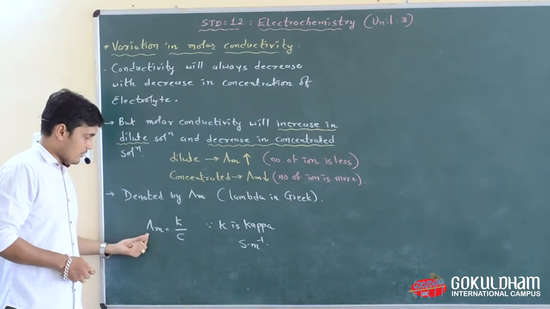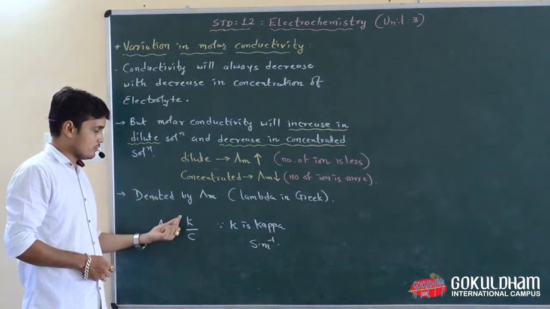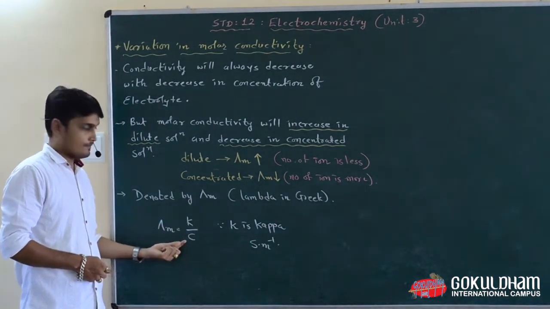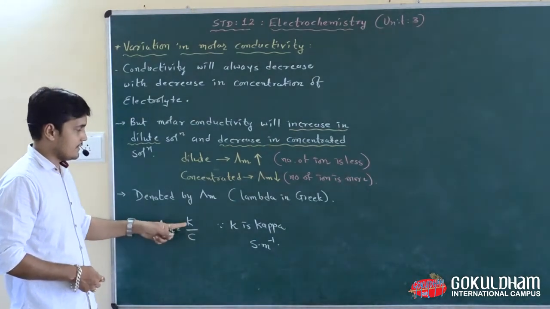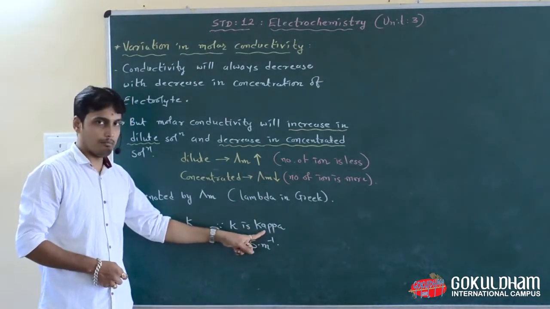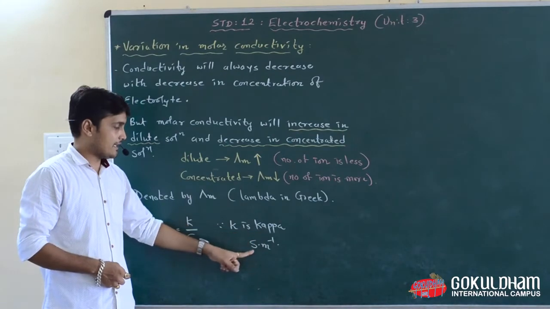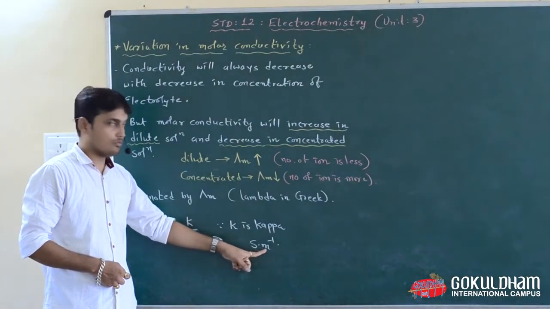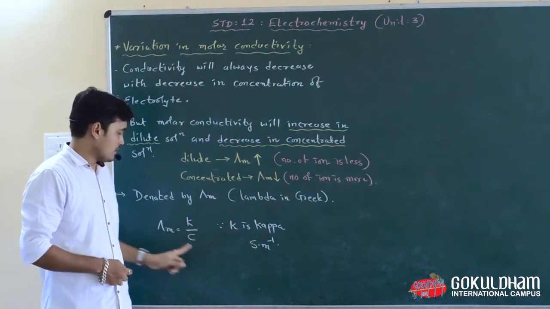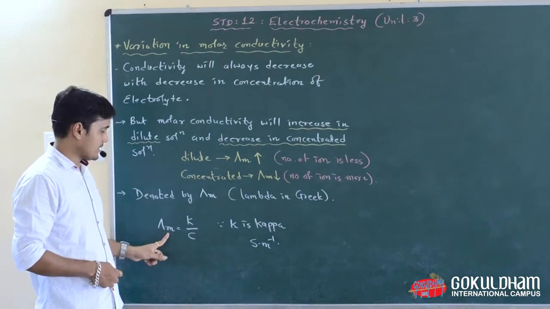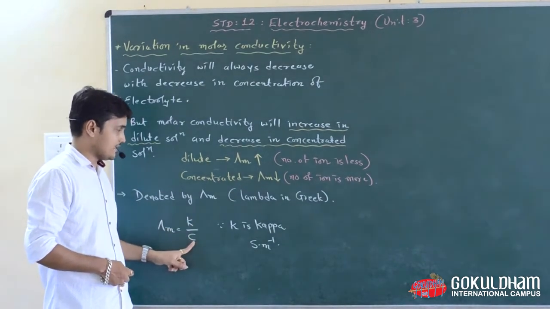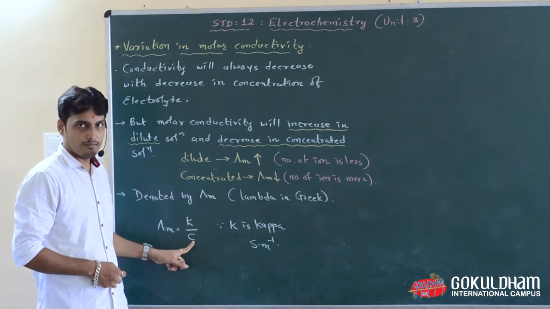The equation is lambda m is equal to K by C. This K is known as kappa, and the unit of kappa is Siemens. Lambda m is molar conductivity, K is kappa, and C is concentration.